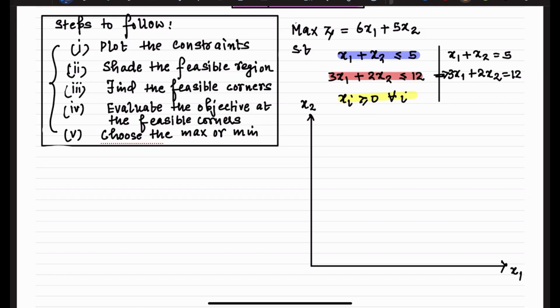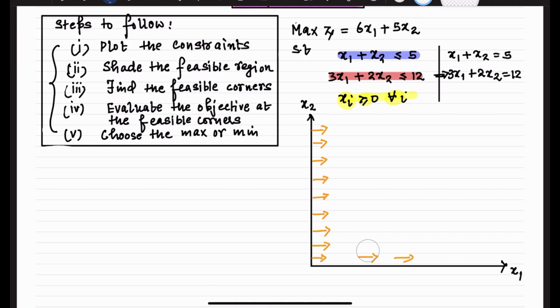The yellow constraint says that all the variables, both of them, are non-negative. So that is why we have to just focus on the first quadrant. So x1 and x2 both are non-negative. If x1 is non-negative, the region is this, the entire first quadrant.